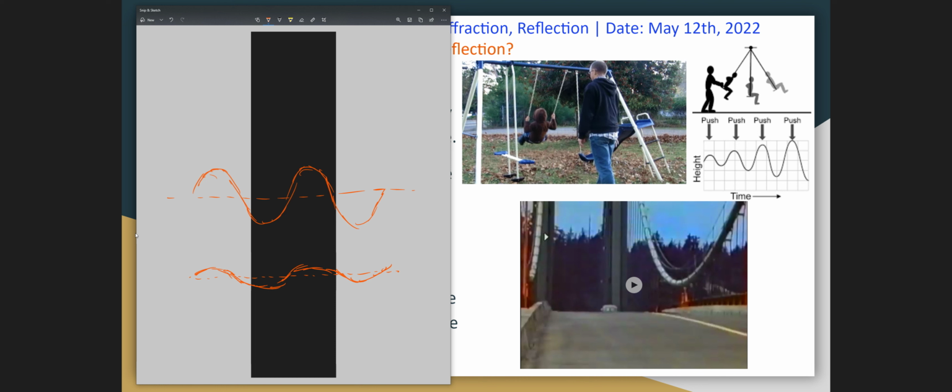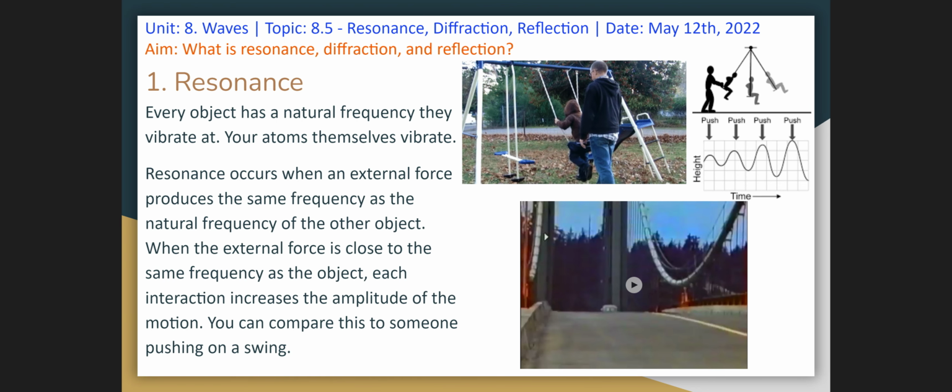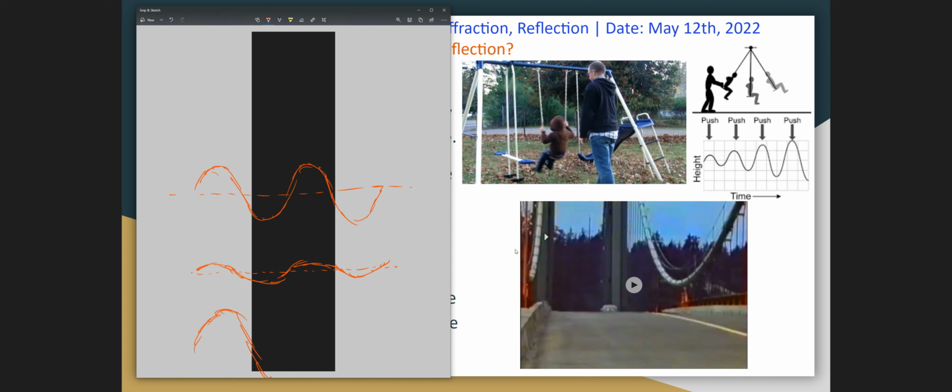And if you put both of these waves on top of each other, they're going to create a larger wave with a much larger amplitude, because you're combining these waves.